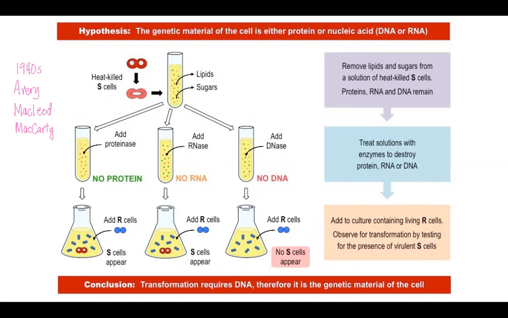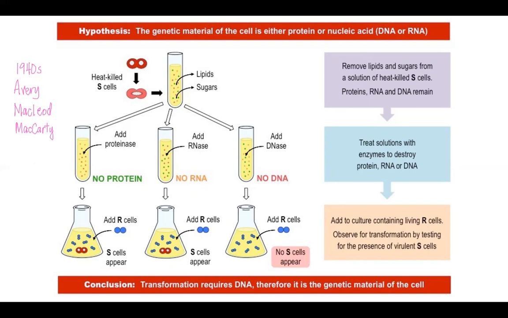So they prepared heat treated S strain. So these bacteria are already dead due to the heat. And then they removed the lipids and sugars from the culture. And what you have left there are your proteins, your RNA, and your DNA.